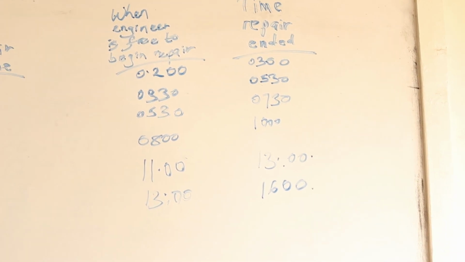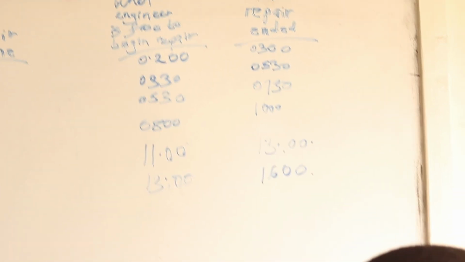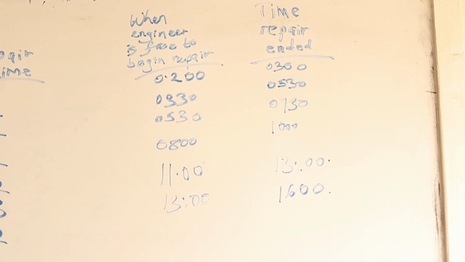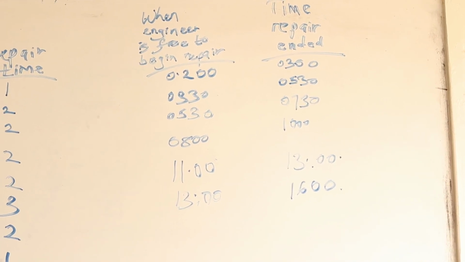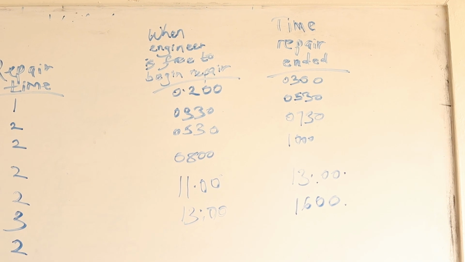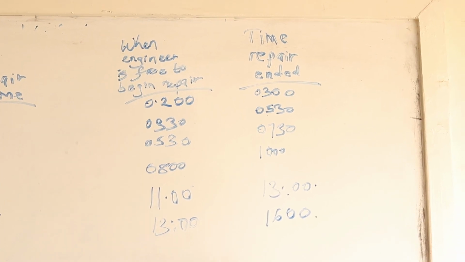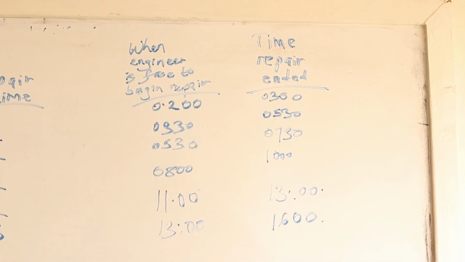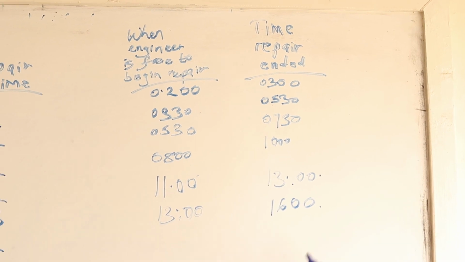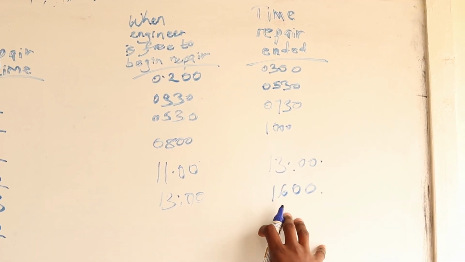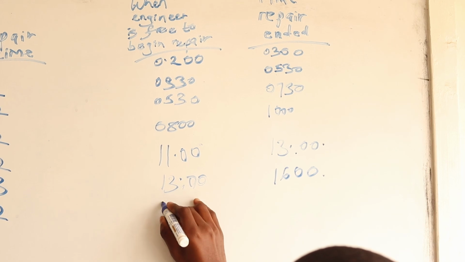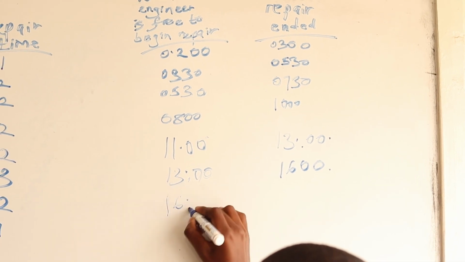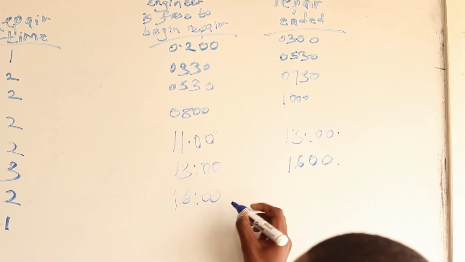Then the seventh machine will break down at 15:00, but when the engineer was repairing the sixth machine, the repair ended at 16:00. So the time when he will be free will be at 16:00 to start the repair.